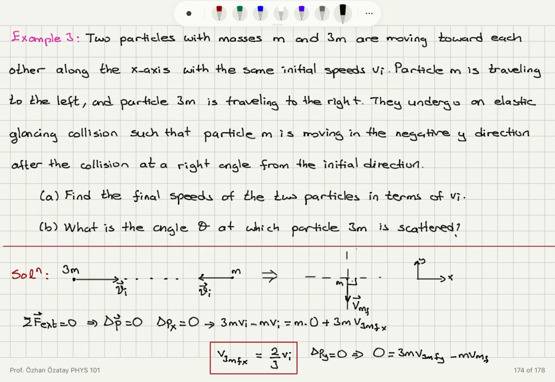There's only y components. So this gives me V3m final y component is Vm final divided by 3. So let me note this result here as well.